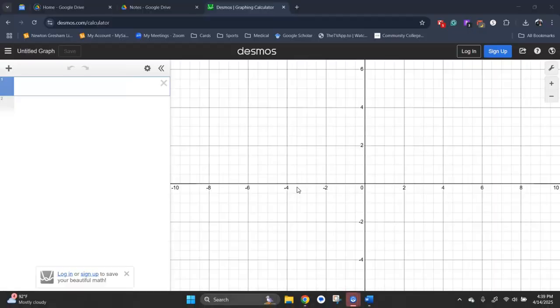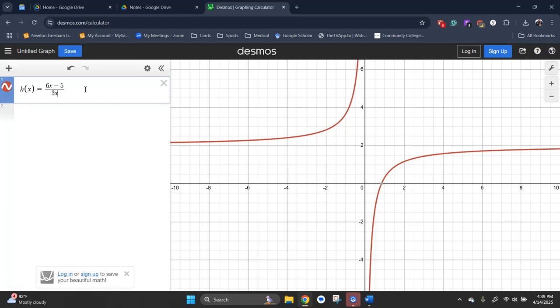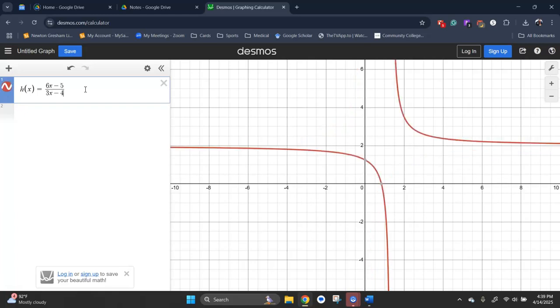So going over to Desmos, I'm going to put in h of x, and again, starting with a division key or equals, and then the divide key or the slash. We can easily put in our 6x minus 5 over 3x minus 4. And we can also put in x equals 4/3.